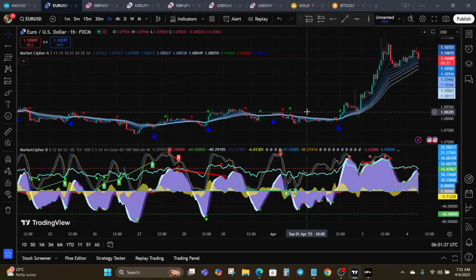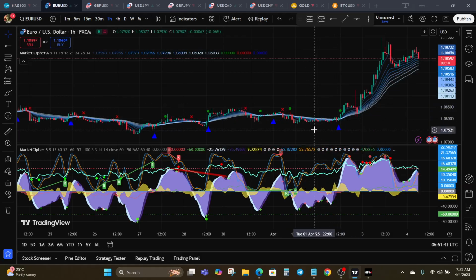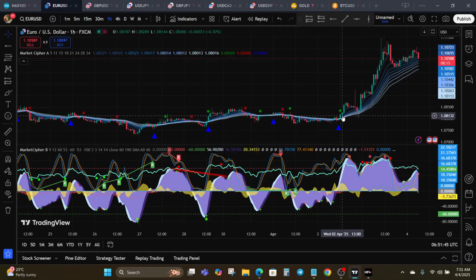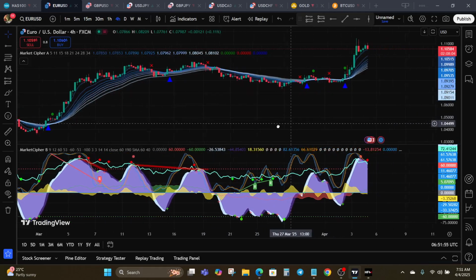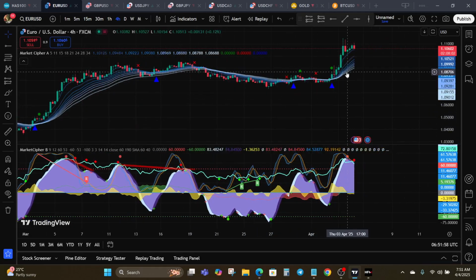So you start by identifying when the Market Cipher A shows a reversal dot near the key EMA crossovers. You watch out for a reversal dot near the key EMA crossovers.